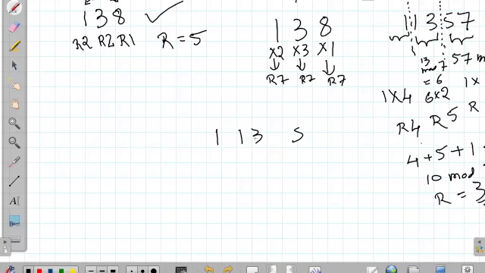Can you please repeat for me? So 11357. You're saying 57? 57 remainder is 1. Then I went with 13, divided by 7, and I get remainder 5.